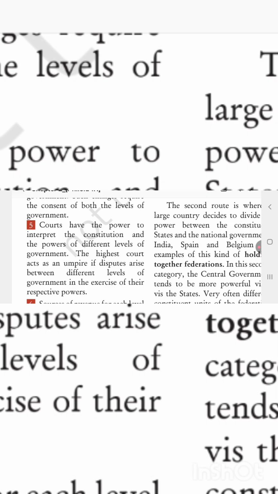At the top it is the Supreme Court, then high courts at the state level, and then subordinate courts, that is, district courts. So the final interpreter over here is the Supreme Court. So the highest court acts as an umpire, meaning the Supreme Court has the power to interpret the constitution, and whatever disputes arise will be resolved by the highest court.